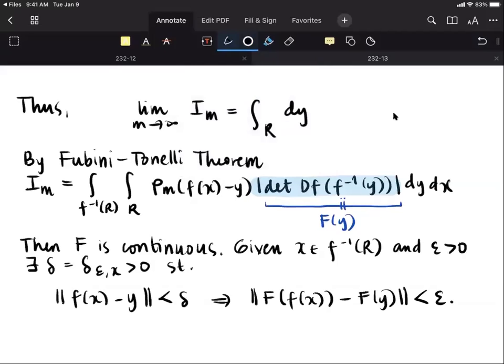This is nothing but the definition of continuity at the point x, or at the point f of x.